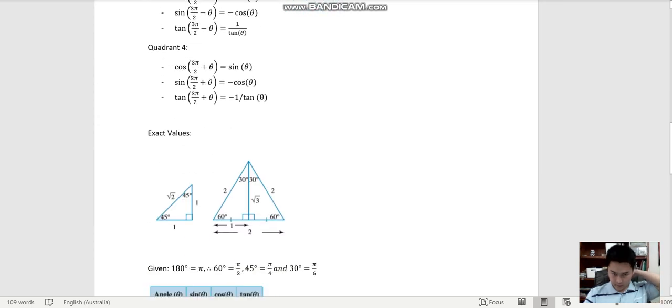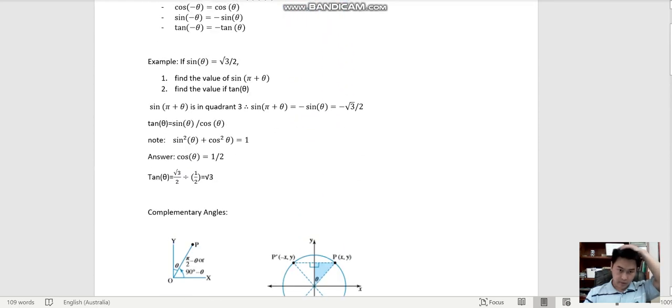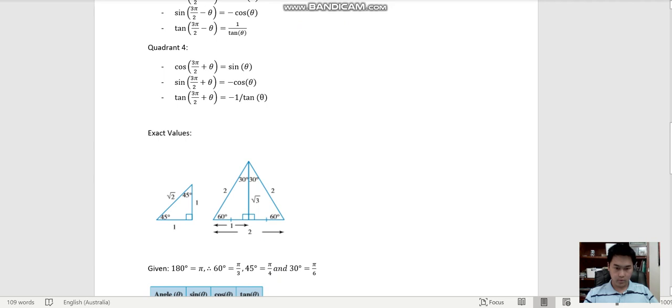Then cosine of pi on 3 is 1 over 2. Here, as you see, this equilateral triangle of side length 2 is split in half, and you get root 3 and 1 from Pythagoras' theorem.